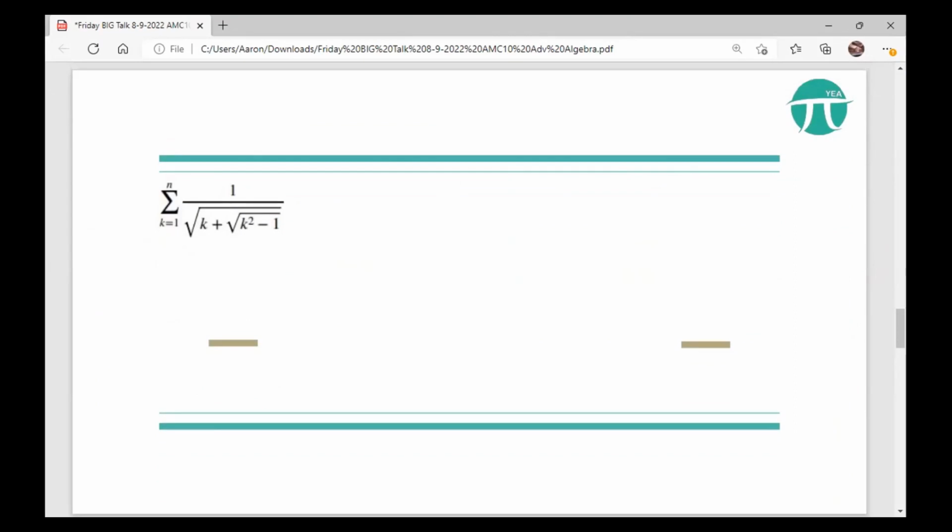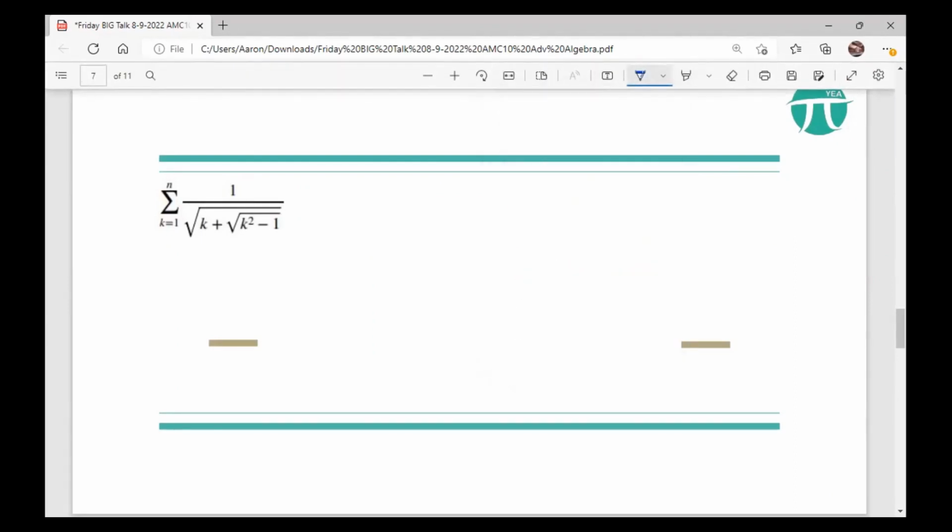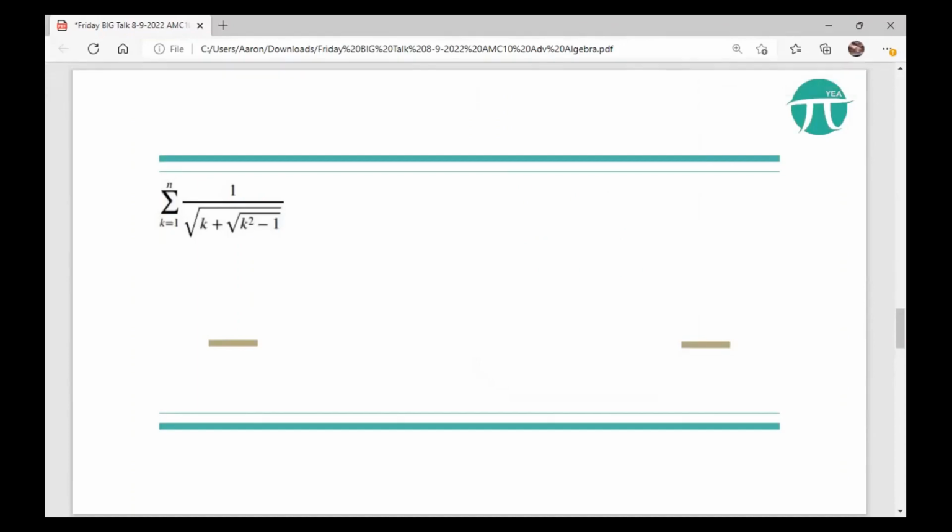So how you would start finding the telescoping for this one, we can first multiply everything by the square root of 2. So root 2 over root 2k plus 2 times the square root of k minus 1, k plus 1.